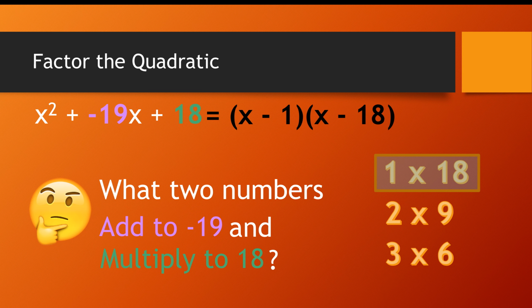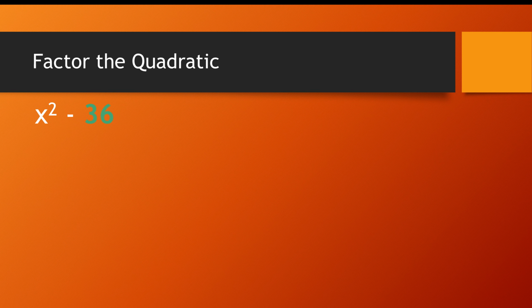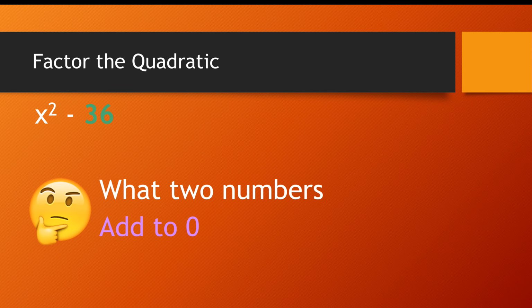Final example, a tricky one because there's no x term. If we had to have a coefficient for x, it would be 0. So we can think what two numbers add to 0 and multiply to negative 36.